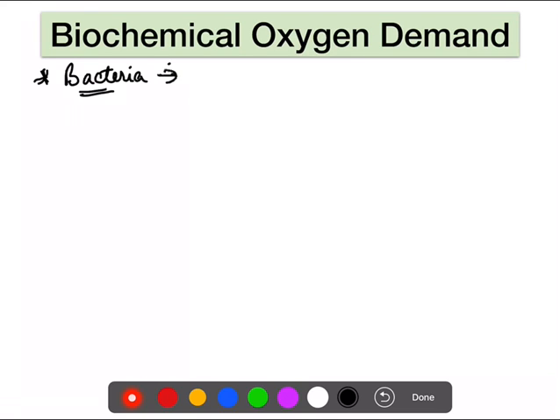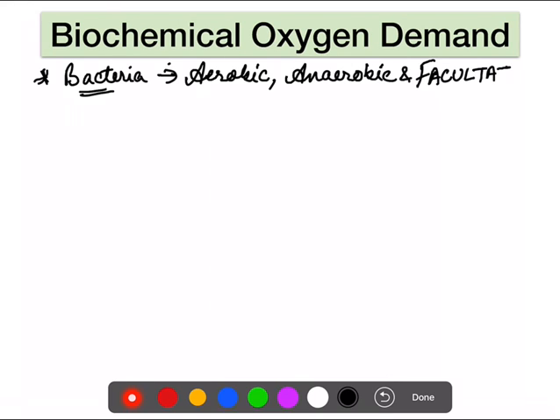They are of three types. I think you know: one is aerobic, anaerobic, and last is facultative. So these are the three types of bacteria present in your wastewater.